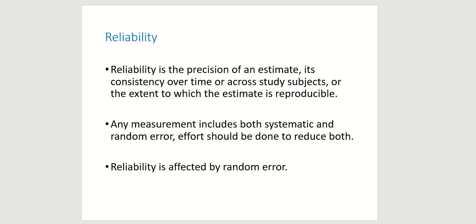In terms of reliability, I talk about test-retest, internal consistency, Cronbach's alpha, and other things. And in terms of validity, I talk about the predictive validity of an instrument, criterion-related validity. I have a specific lecture for that, and I will see if I will have a video for that.